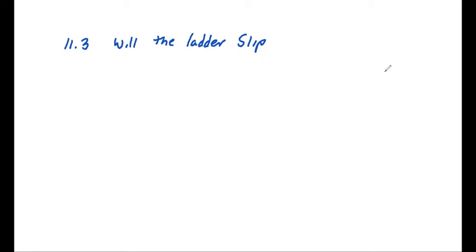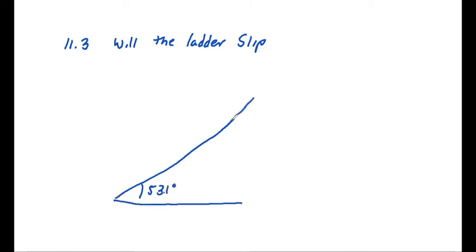All right, so our free body diagram is going to look like this. We're going to have your ladder. This angle is 53.1 degrees. And here's the floor, here's the castle.